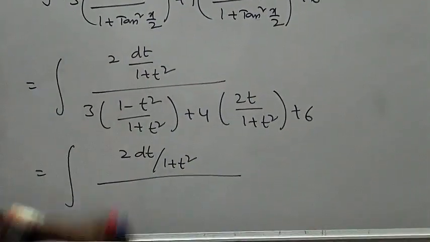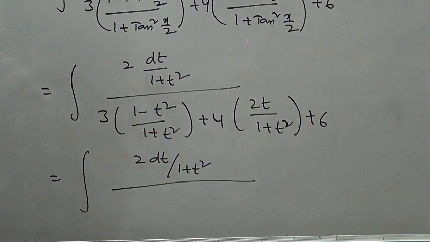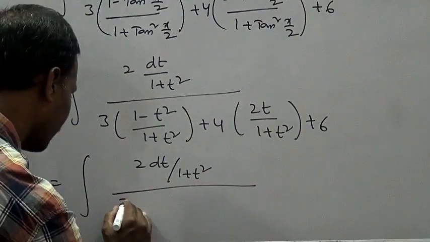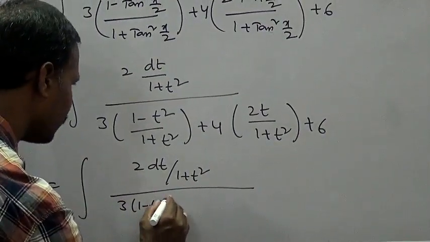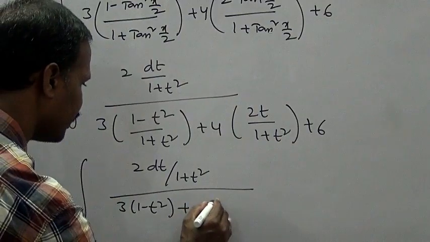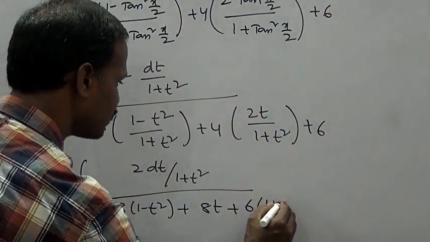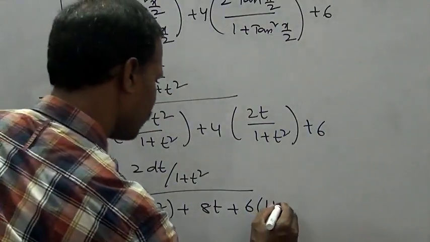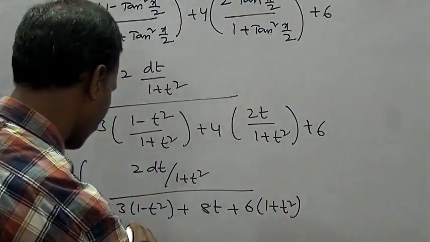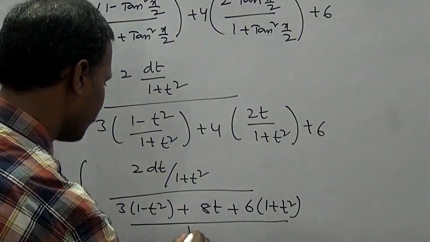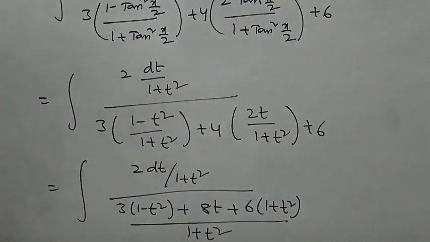In the denominator the LCM is 1 plus t square. So 3 into 1 minus t square plus 8t plus 6 into 1 plus t square, all by 1 plus t square.